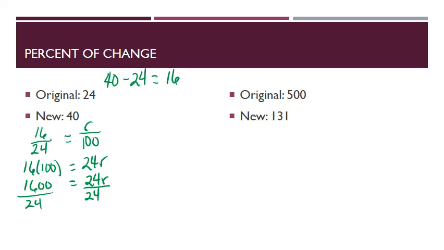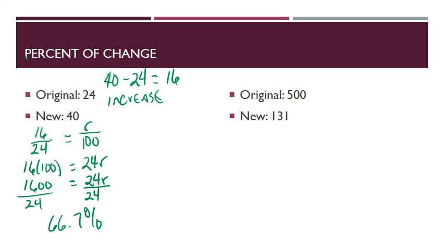And let me go to my calculator here. So I got 1600 divided by 24. And that comes to 66.6666. And so I've got, let me go back up here, I'm going to say that was an increase. We'll make sure I know that. I've got an increase of 66.7%.